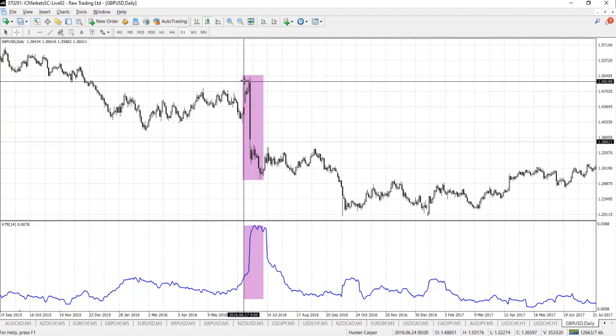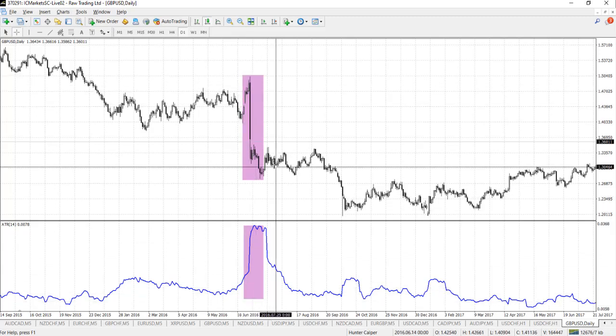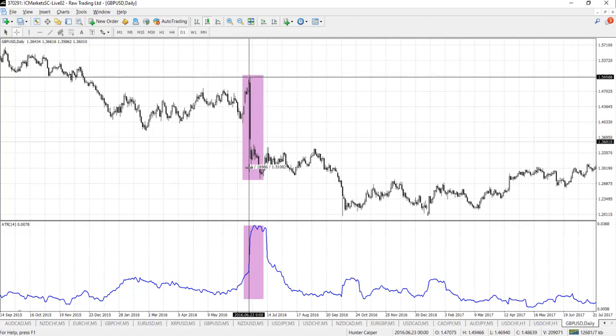Well, I think if you remember what is called Brexit, that was around the time when pound actually dropped heavily. Within a few days, actually within a day, it dropped over 2,000 pips. Okay, over 2,000 pips in one day, or for the whole week or thereabout, because this is a daily chart. So you can see the ATR also rose.